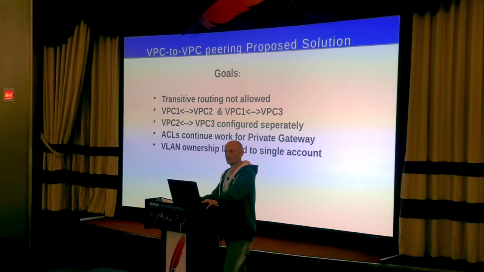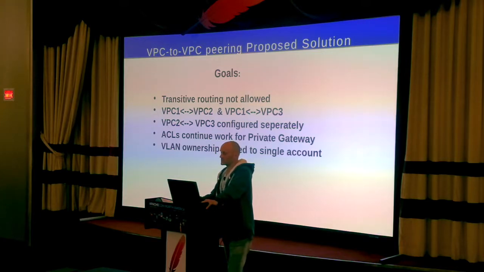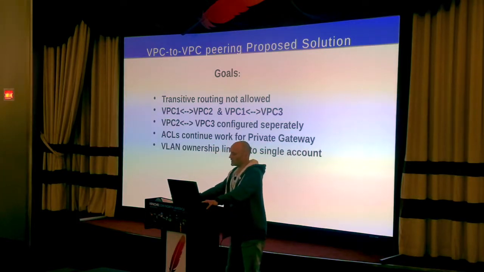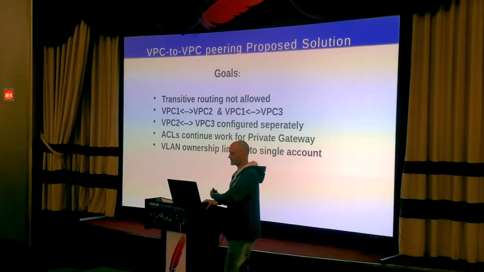If they want to talk to each other, they need to set up a direct connection between the two of them. Also, network ACLs must still work in the same way as they currently work. And when a VLAN gets assigned to an account from the zone pool, it cannot be used by any other account until it is released.